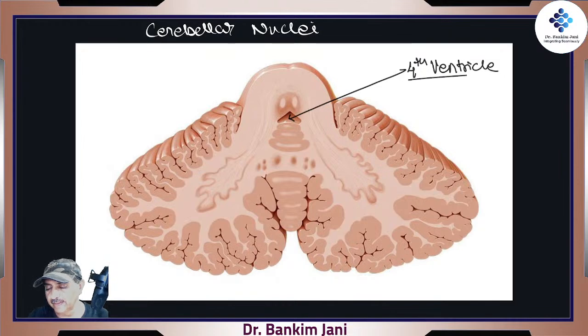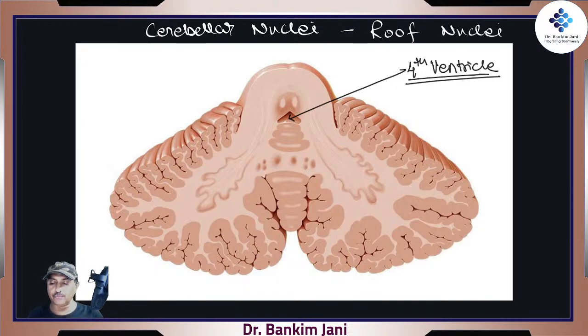See how correctly the name has been given to these cerebellar nuclei. Because these nuclei are in the roof of the fourth ventricle, they are also called the roof nuclei. Four nuclei are there.